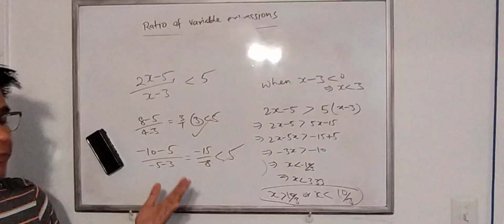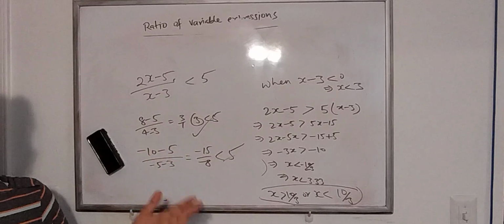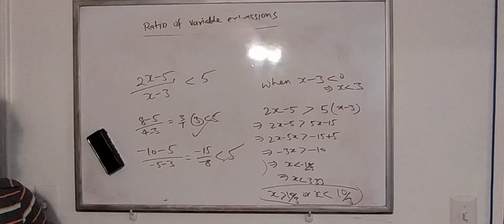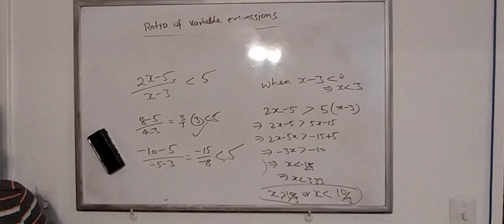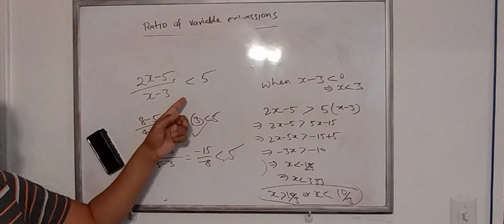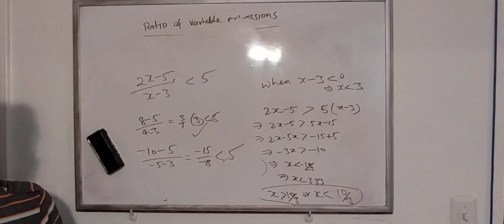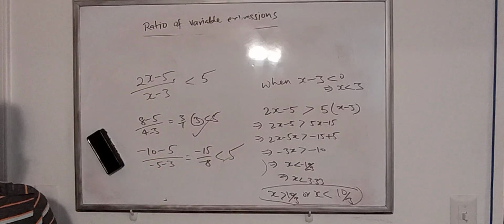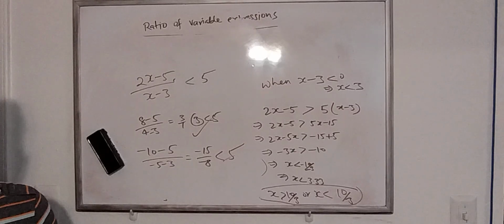Because since we don't know the value of this expression, we have to consider both the scenarios. You cannot skip one of the scenarios, otherwise you will get the wrong answer. And the reason why we are considering both the scenarios, because of inequality. We learned that if we multiply or divide by a negative number, the direction of inequality changes. If you are multiplying or dividing by a positive number, the direction does not change.